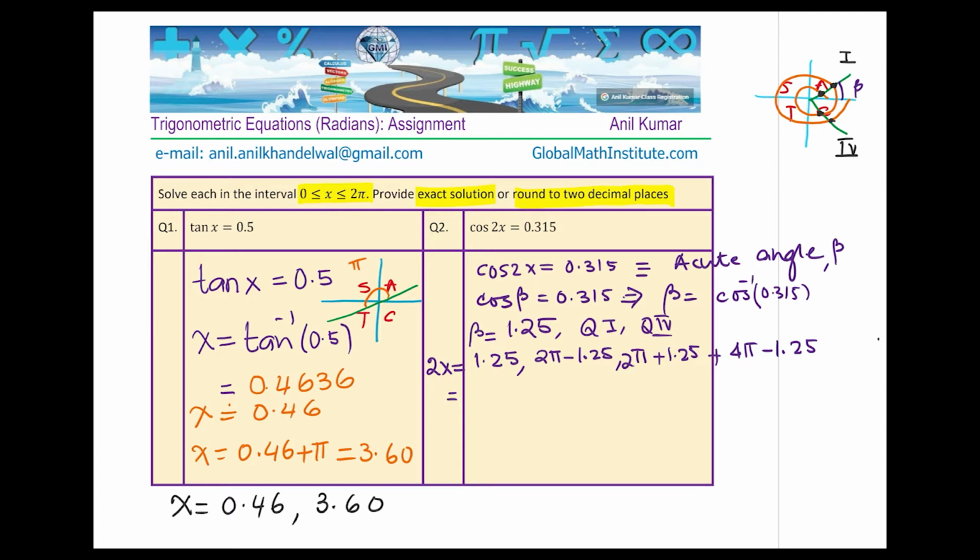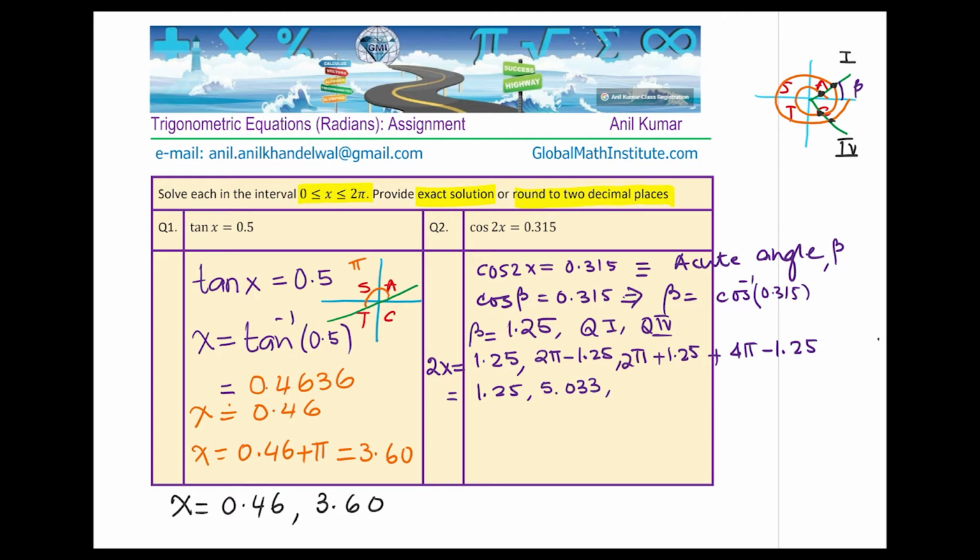Let's calculate these values. One of them we know is 1.25. The other one, let's do with the calculator: 2 times pi minus 1.25 will give us 5.033. I'm writing to three decimal places.